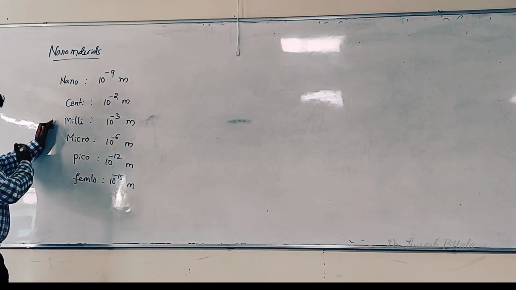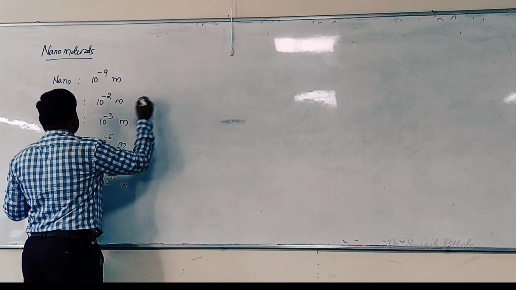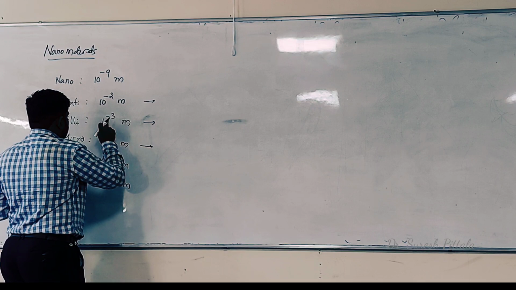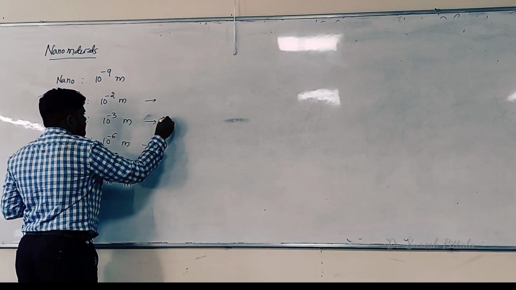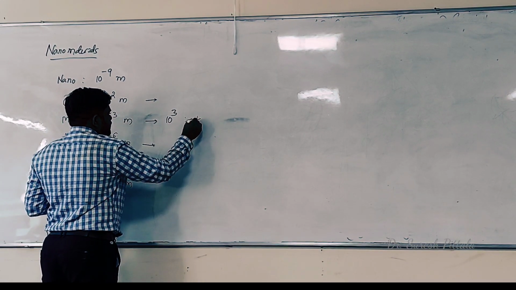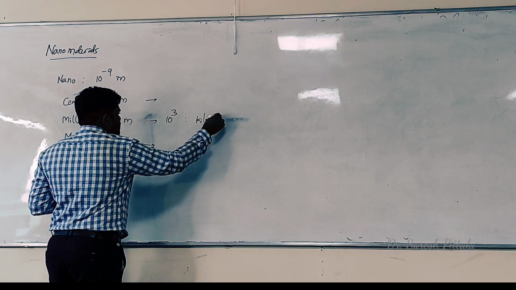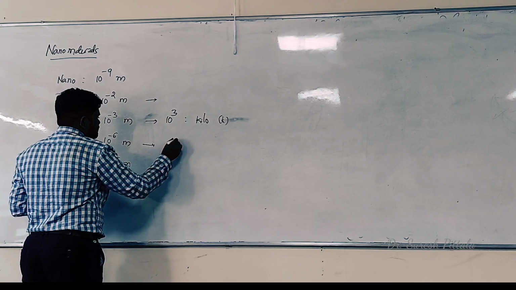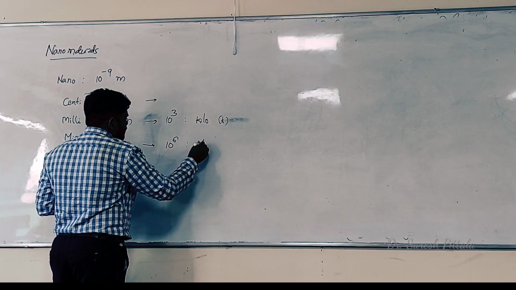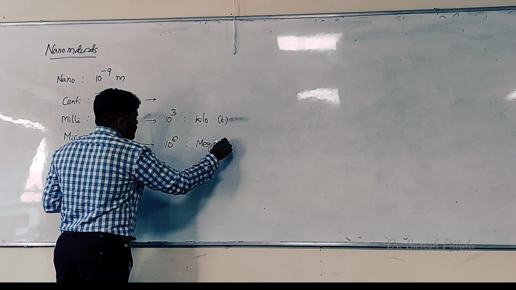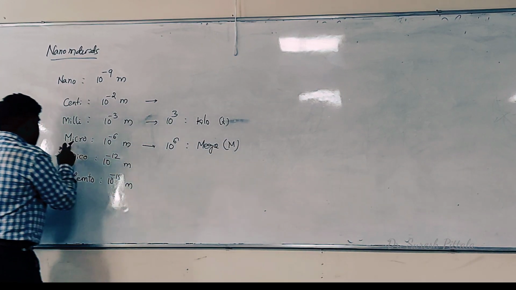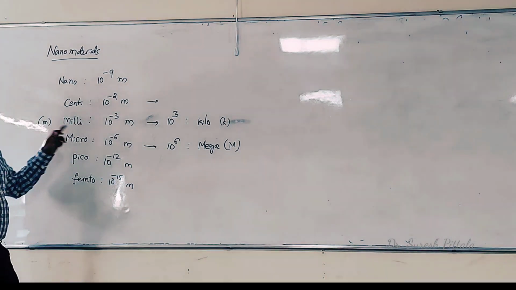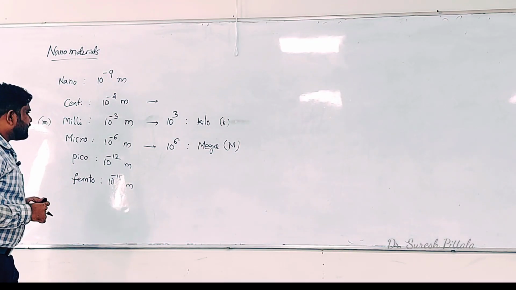These are on one side. On the other side, opposite to 10 power minus 3 is 10 power 3, kilo, with symbol small k. Then 10 power 6 is mega. Milli takes small m, that is the difference. Don't use the symbols the way you want.